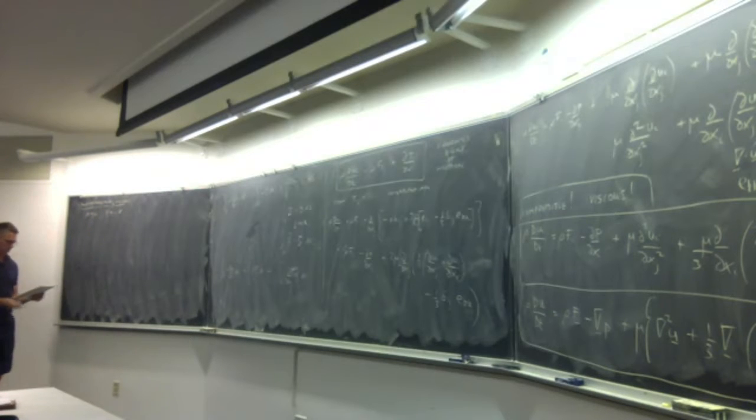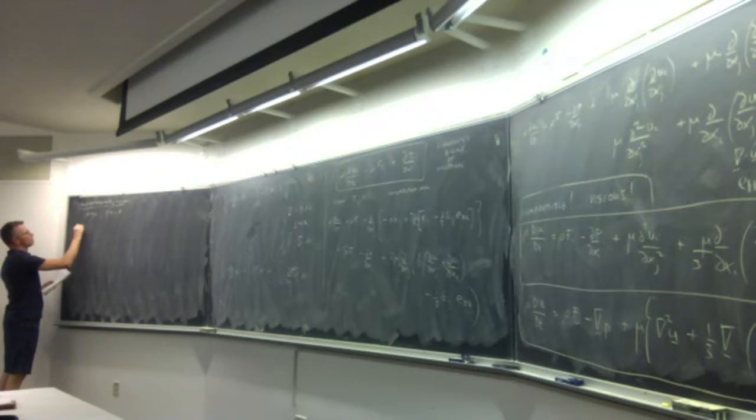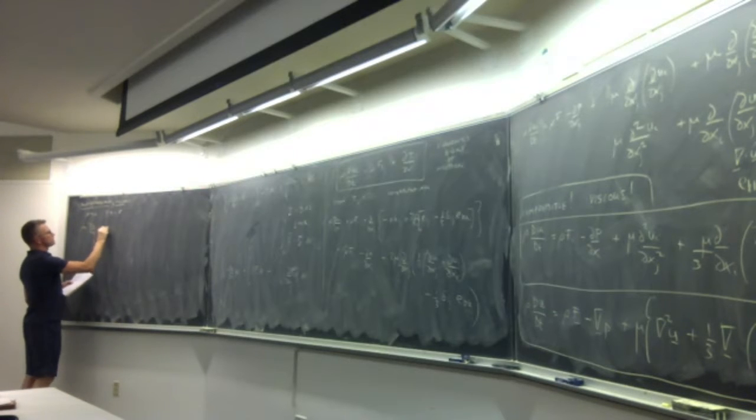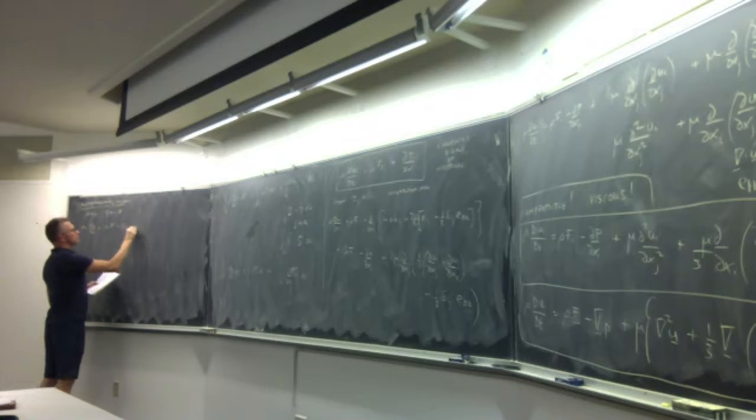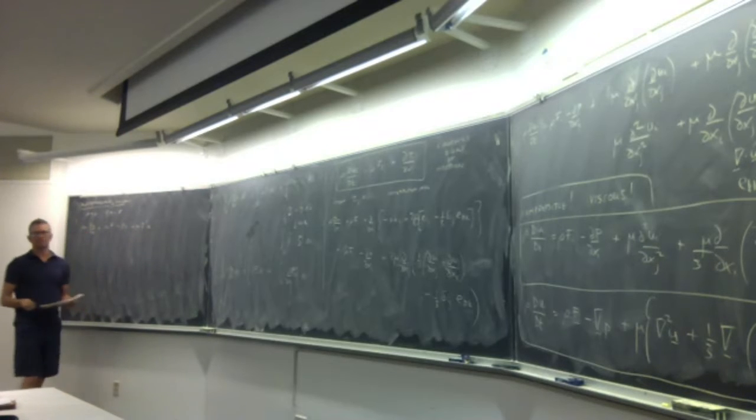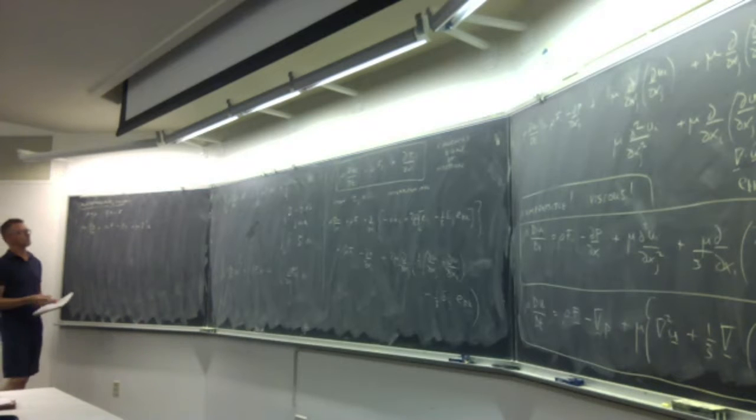So then I would get rho 0 du by dt is equal to rho 0 f minus the gradient of pressure plus mu. But now that funny last term, the gradient of the divergence, disappears.